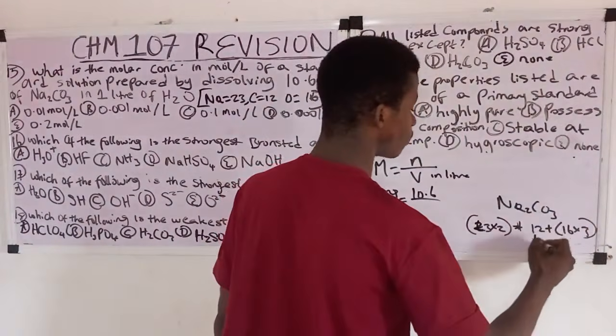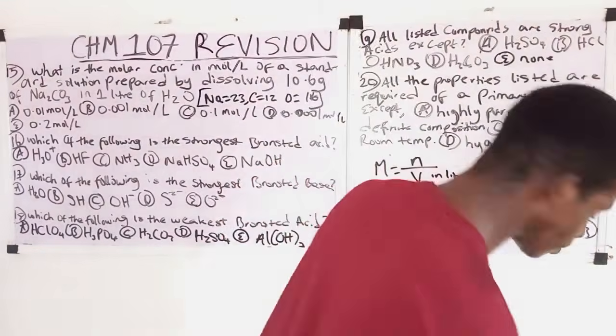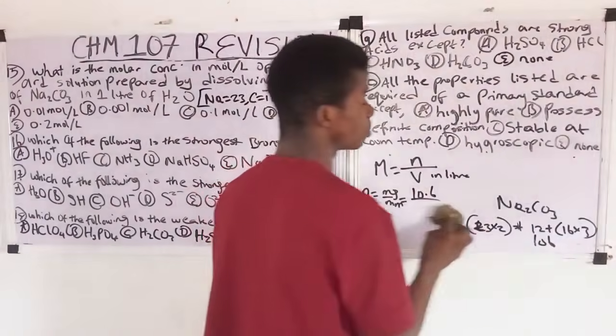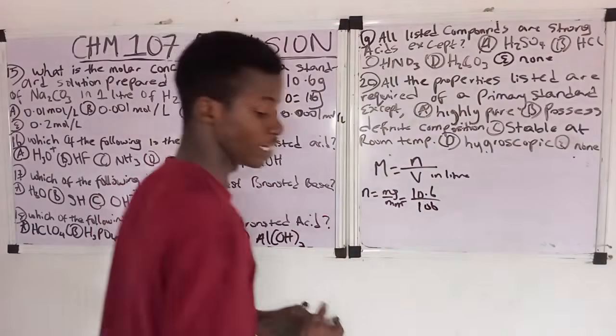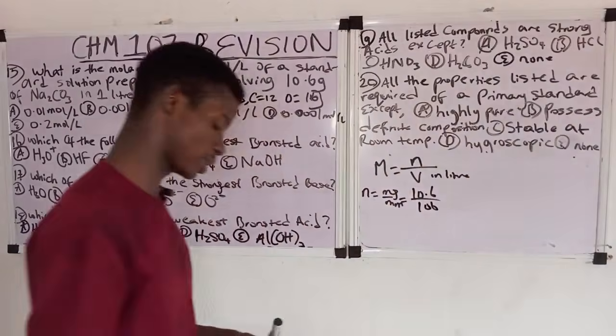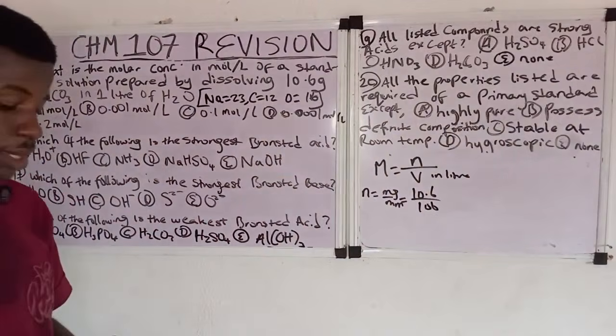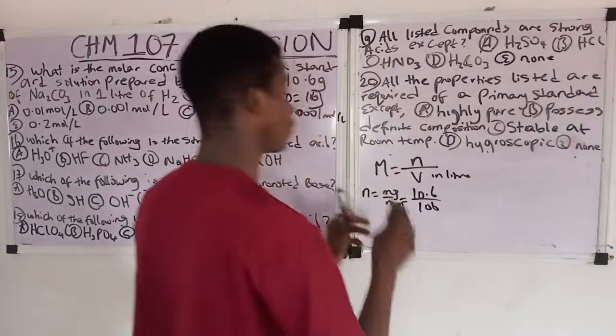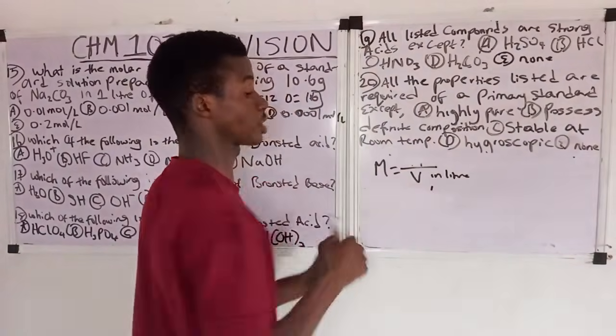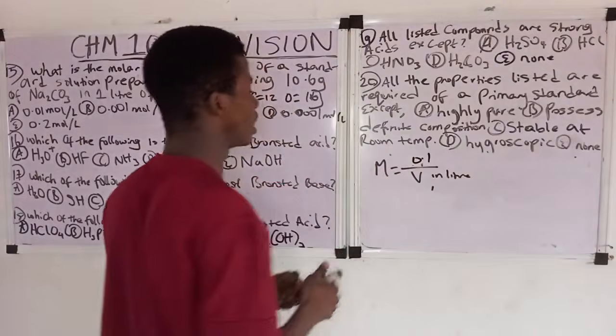If you add everything, you have 106. So this is the molar mass of sodium carbonate. So 10.6 divided by 106 gives us 0.1. Therefore, the moles of sodium carbonate is 0.1.